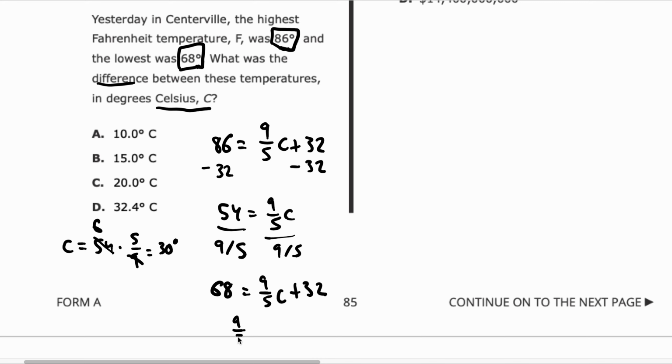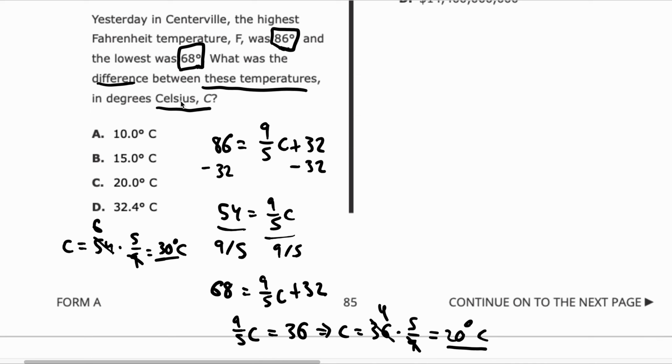So 9 over 5 C is equal to, I think that would be 36. And then C is equal to 36 times 5 over 9. So that's 20. So this is in Celsius, I think. Okay, so one was 30 degrees Celsius, one was 20 degrees. So the difference between these temperatures in Celsius would just be 10 degrees Celsius.